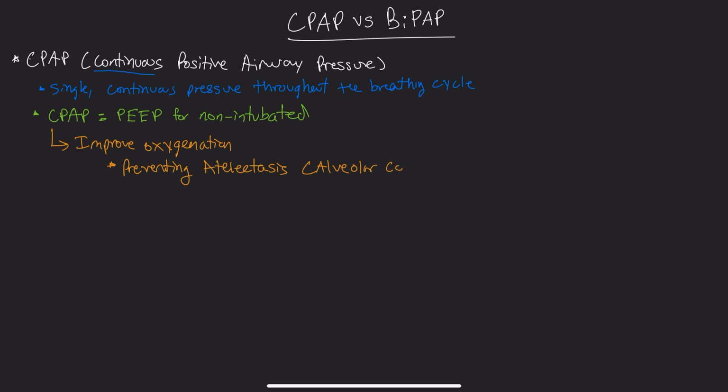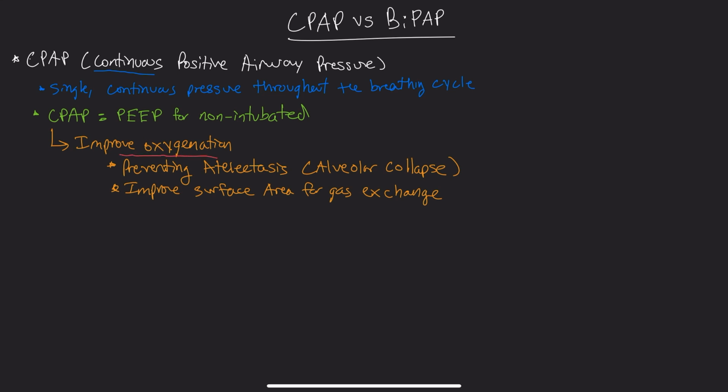It keeps the alveoli open, it helps alveolar recruitment, and it's going to improve or expand surface area for gas exchange. Both of these are going to work to help improve that oxygenation.